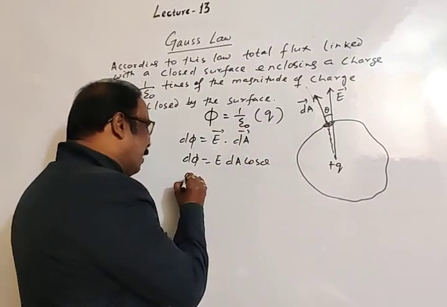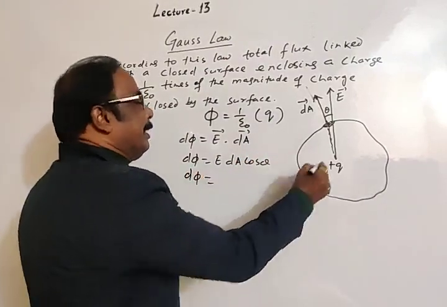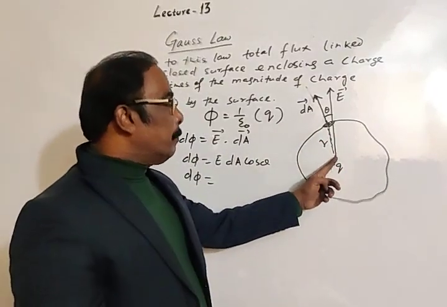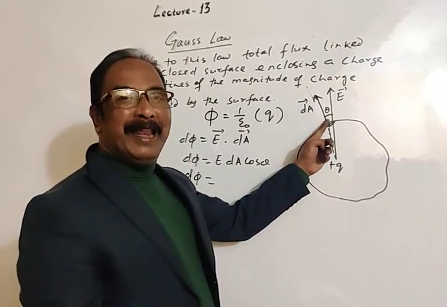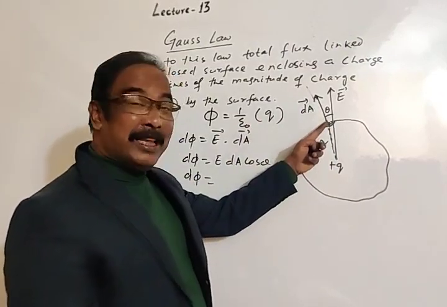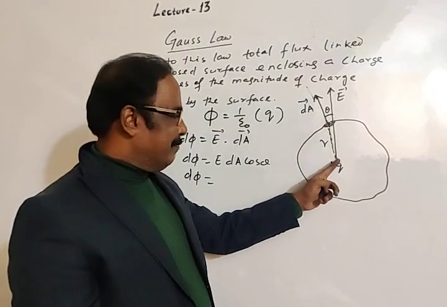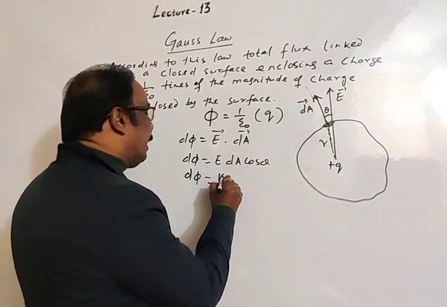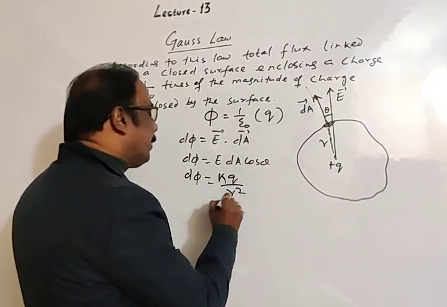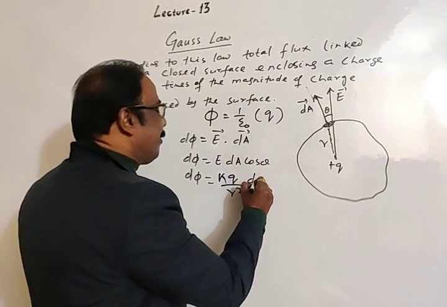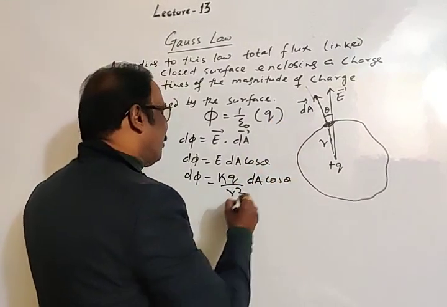In accordance with Coulomb's law, if the distance from the point charge to the elemental surface area is r, then the electric field at this point is given as k q divided by the square of distance, k q by r square, into dA cos theta.